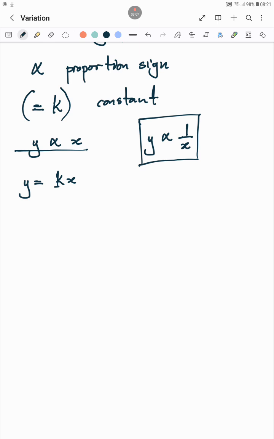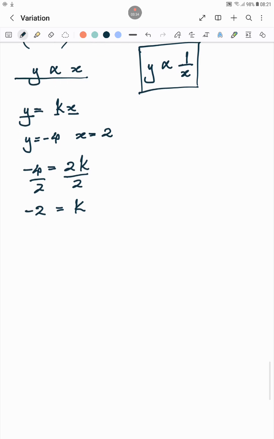And now the question says, if y is equal to -4 when x is equal to 2, this is what you need to do. You need to find the value of k. Here you substitute x, and here you substitute y, and you divide both sides by 2, and here you get -2 is equal to k.